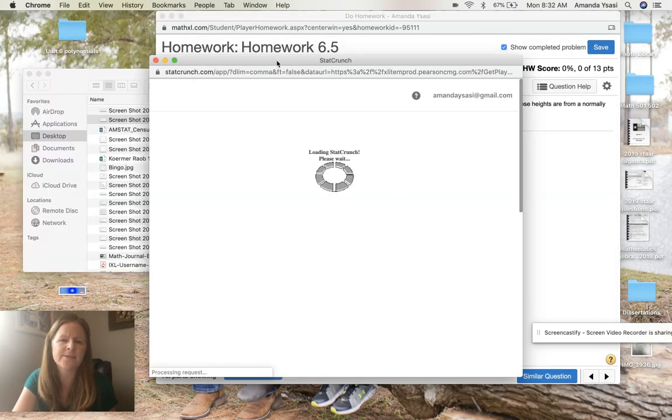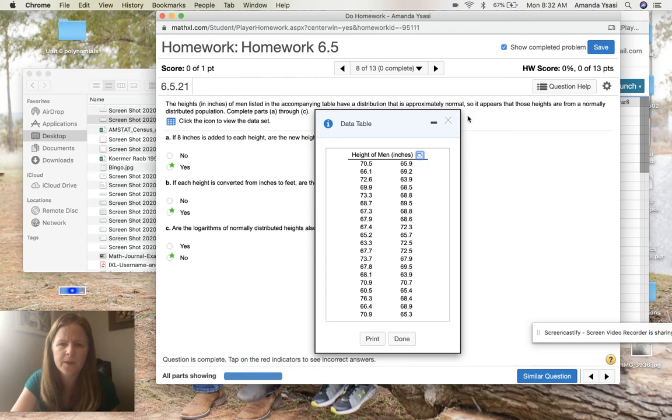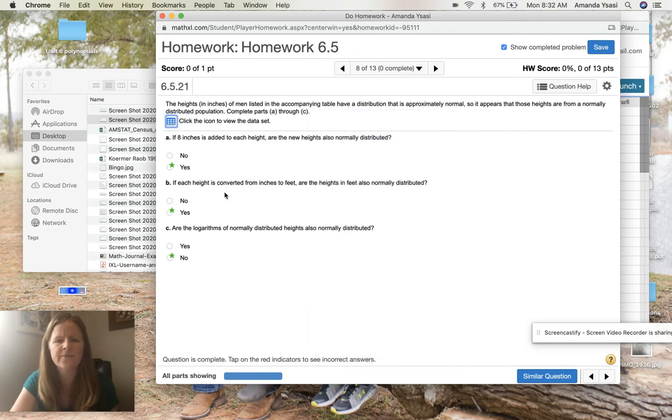So it's saying basically add 8 to this data set. If 8 inches is added to each height, it's not like Excel. So that's going to move everything just up by 8. And it's moving everything, so then it'll still stay normal. If each height is converted from inches to feet, still the same thing.